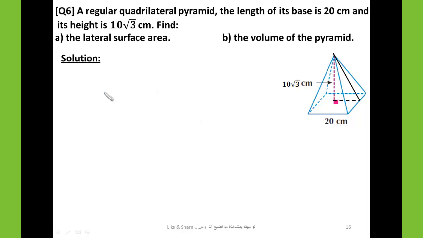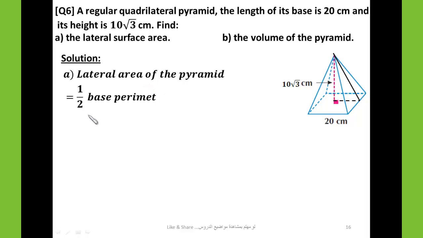In the solution we start by writing the lateral area of the pyramid, which equals half the base perimeter times its slant height. It's easy to calculate the base perimeter: 4 multiplied by 20. And we want to calculate its slant height, this black line segment.